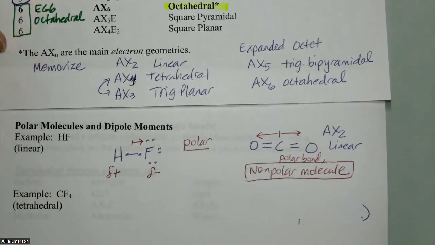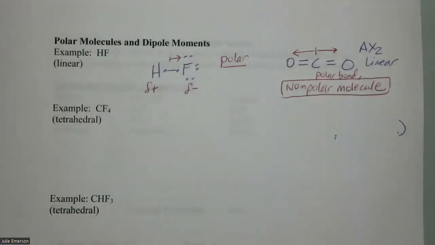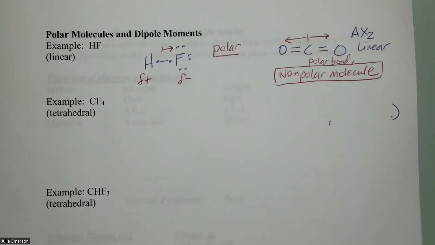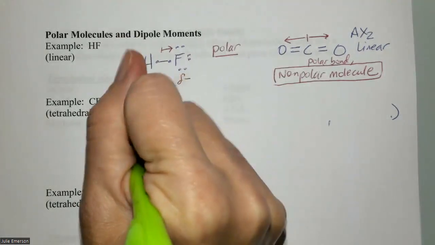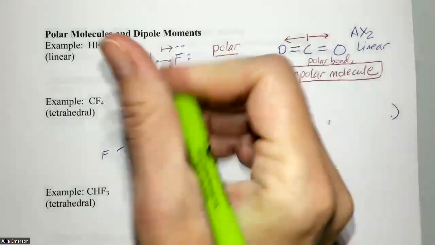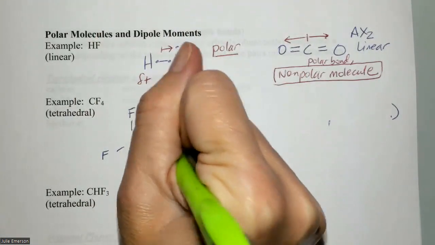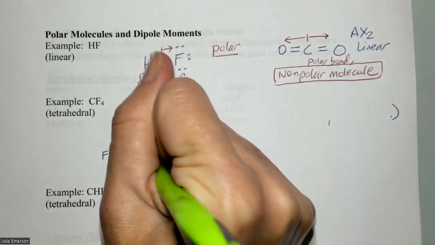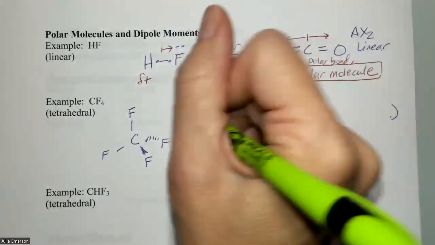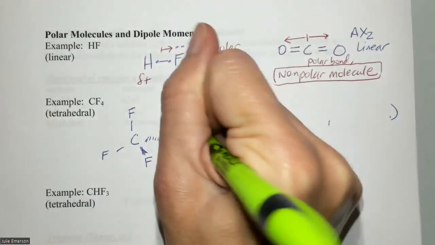I'm going to give you the generalizations here in just a second, but let's look at another molecule first. CF4, carbon tetrafluoride. We have carbon in the middle, and fluorine, fluorine, fluorine, and fluorine. We won't worry about the lone pairs here. So we have AX4.